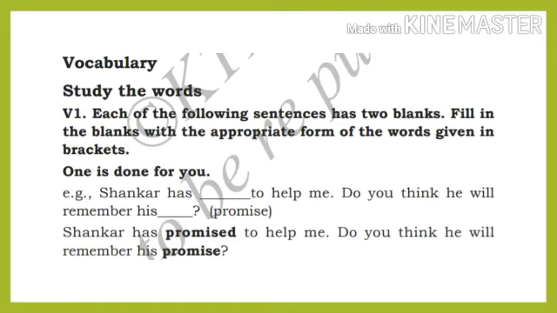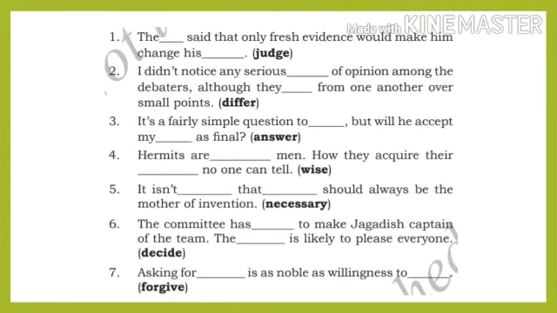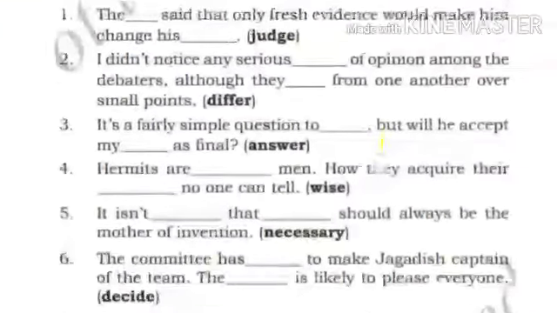So the first promise is used as a verb and the second one as a noun. We have certain sentences where we have to use one word. The word is given in brackets and we need to use the correct form of it.